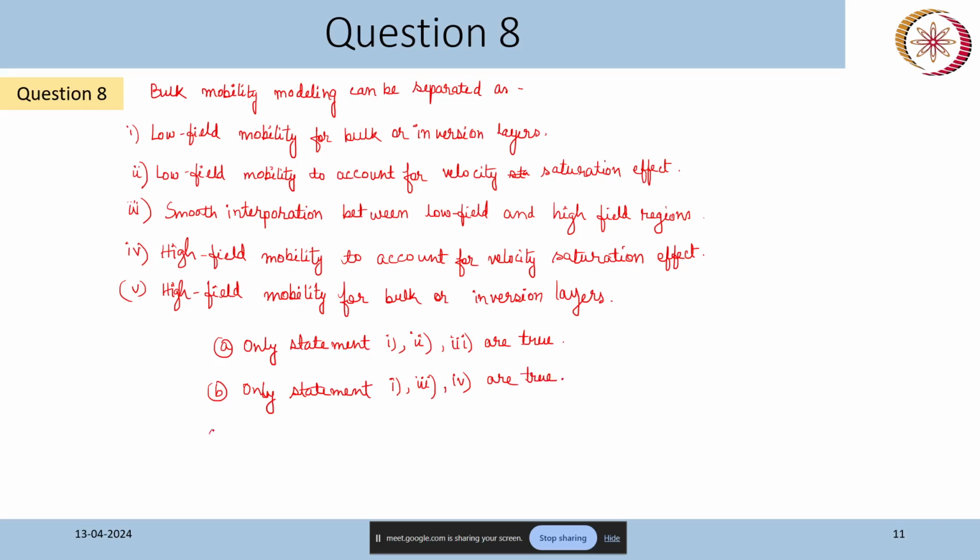Next option is only statement 1 and 4 are true. Next option is only statement 2, 3 and 5 are true.